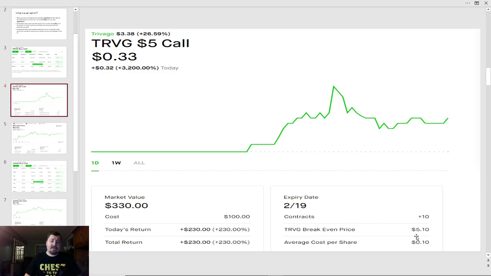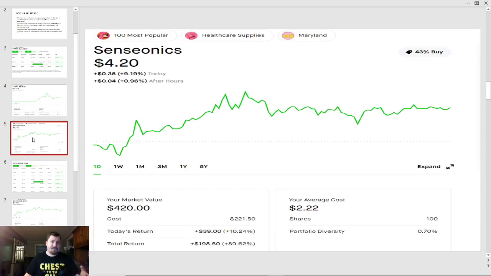And being that I paid $100 for these and they're now worth $330, I'm up 230%. And that's how you can kind of leverage your money more than, in some cases, buying just straight equity in stocks because each contract represents 100 shares.